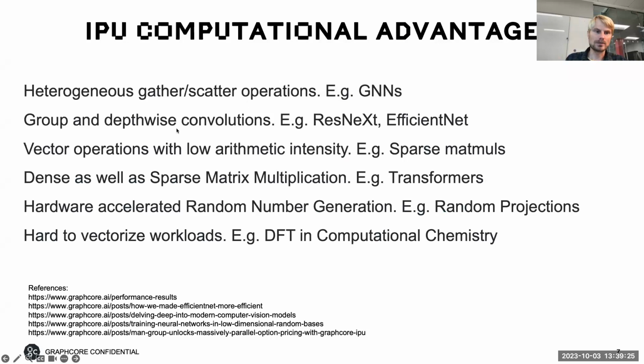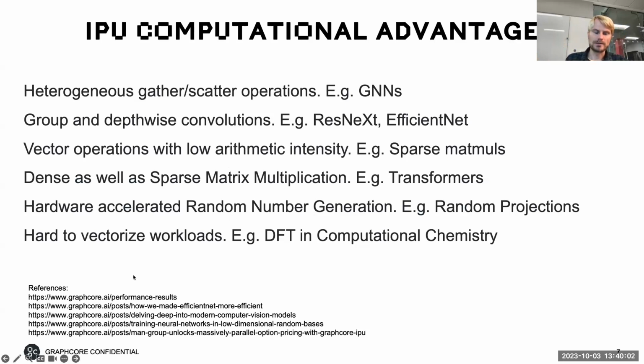Some finer grained kernels like depth-wise separable convolutions run faster on the IPU, and EfficientNet is based on that. Some vector operations like matrix vector multiplications have lower arithmetic intensity in terms of the number of flops per byte fetched from memory. Dense and sparse matmuls, and random number generation, which is hardware accelerated on the IPU, so you can generate random numbers very quickly and efficiently.